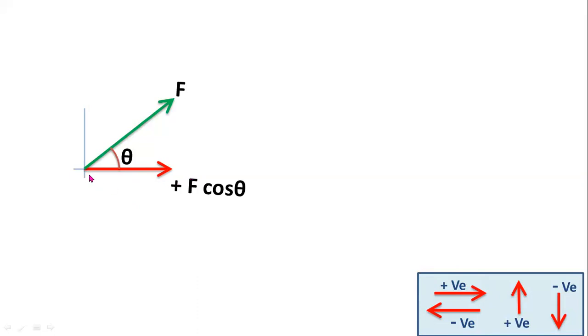Now in similar way, you have to convert this inclined force into vertical component. Then you have to take y-axis for determining the vertical force. The vertical force lies on vertical axis. So that's why I am drawing a force like this. Now the magnitude of this vertical force is equal to the force into sine theta.